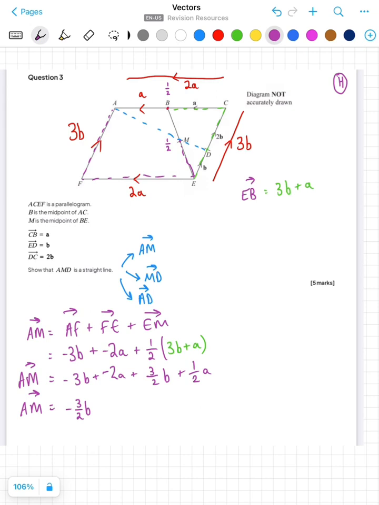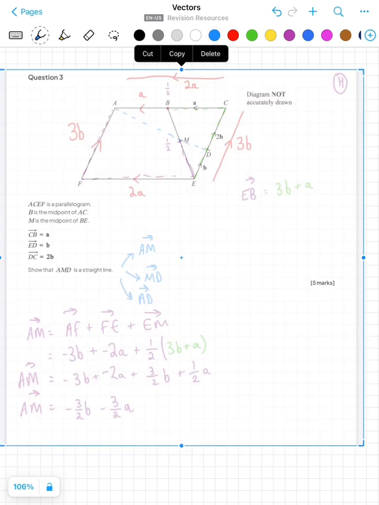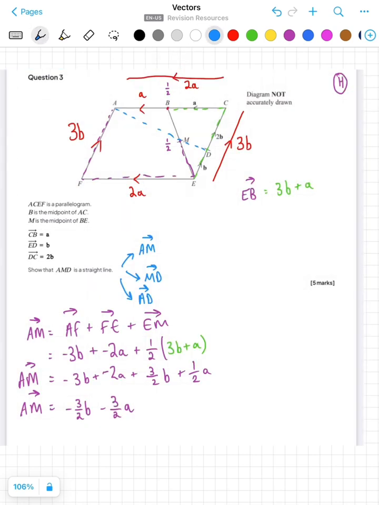So minus 2 plus a half is, get the sign correct, minus 3 over 2a. What I'm going to do at this point is take out our 3 over 2. So A to M, we could take out minus 3 over 2, or we can just take out 3 over 2, because they both have that in common, so minus b minus a is what we're left with.